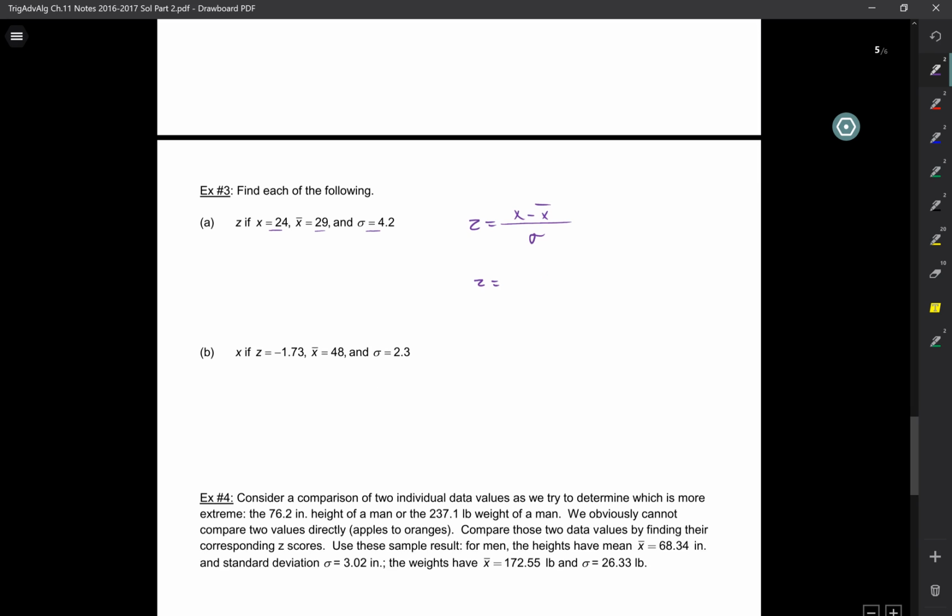Z is equal to 24 minus 29 over 4.2. How much is that? Around negative 1.19.